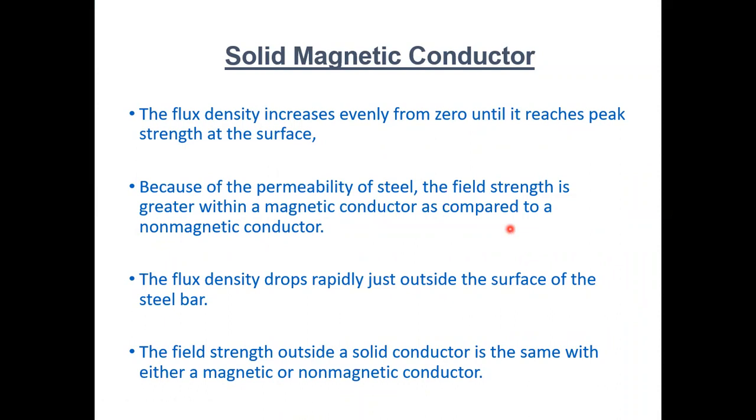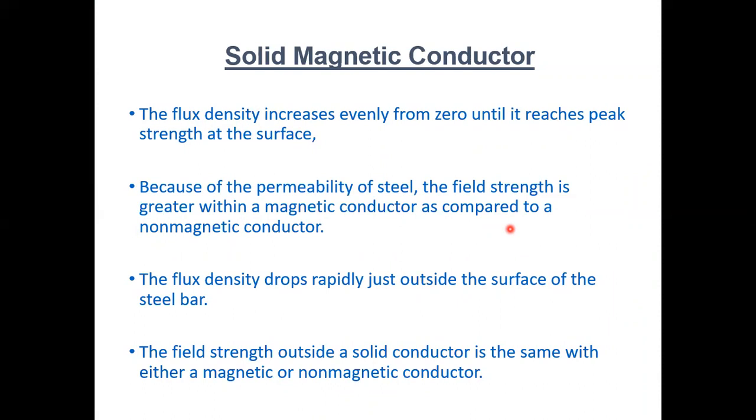Means if you are applying current to a non-magnetic conductor, the field strength is less within the conductor as compared to a magnetic conductor, because of permeability the magnetic field will be higher within the magnetic conductor. I'm not saying outside the conductor. Outside the conductor, it is about the same field, not exactly but about the same, for magnetic as well as non-magnetic conductor, because the outside field depends on the permeability of the outside media.